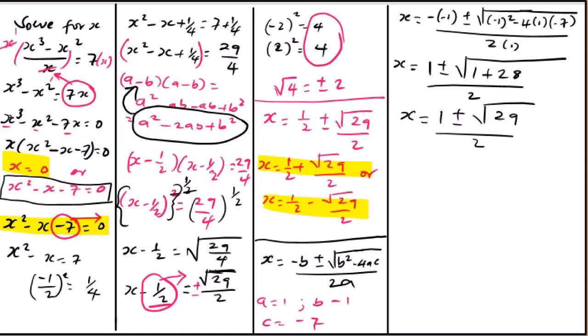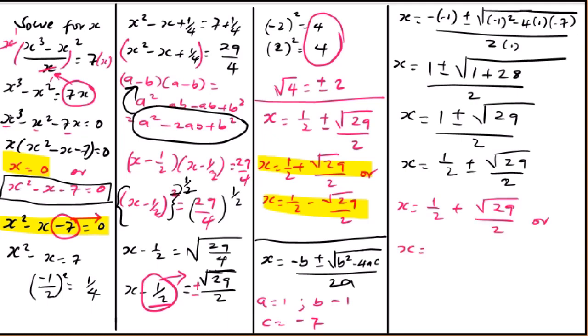Okay, therefore separating them, we have x equals 1 over 2 plus or minus root 29 over 2. Again we can separate them to have x equals half plus root 29 over 2, or x equals half minus root 29 over 2.